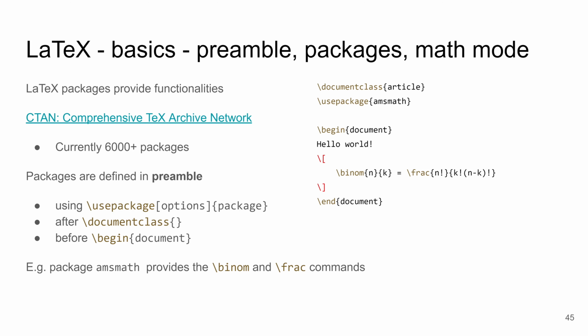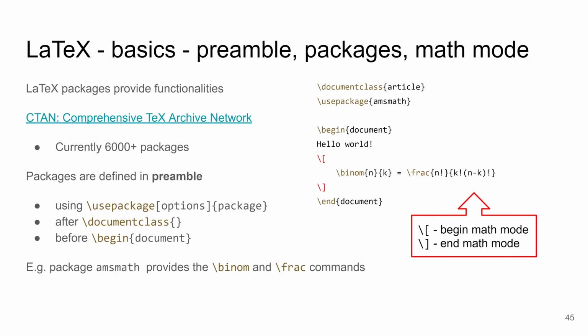Now there is one more thing to note, and that is the math mode. The TeX processor runs either in text mode or math mode. Normally you run in text mode, and when you want to switch to math mode, because some commands like binom and frac only work in math mode, you can do it either inline, which we'll see later, or you can write a whole mathematical block.